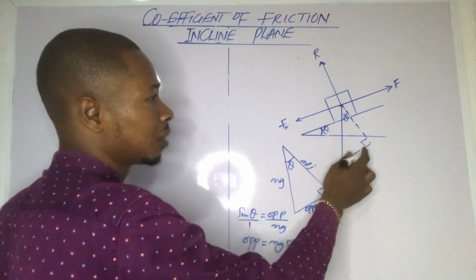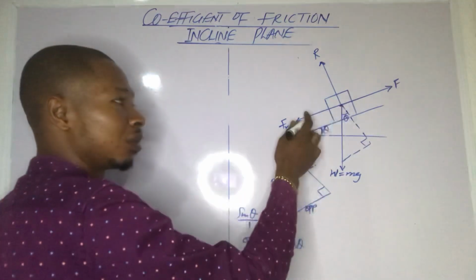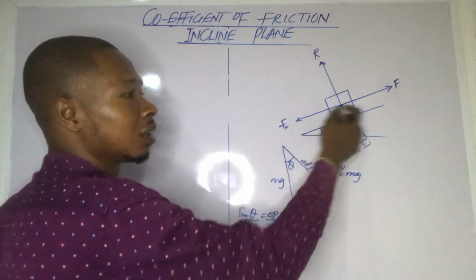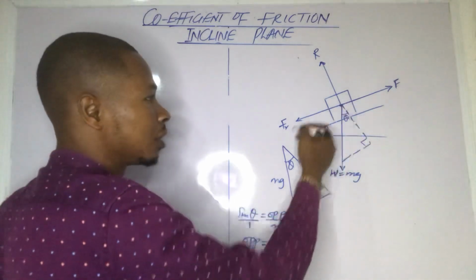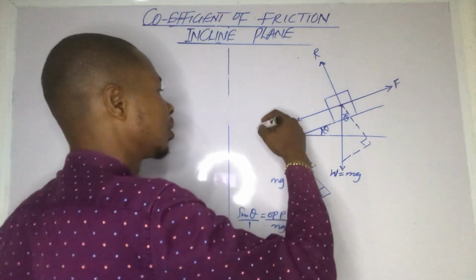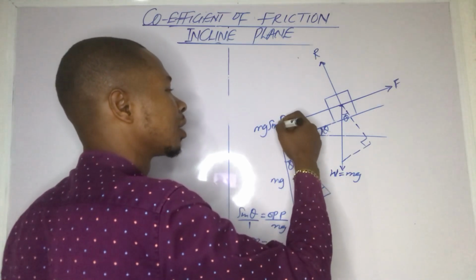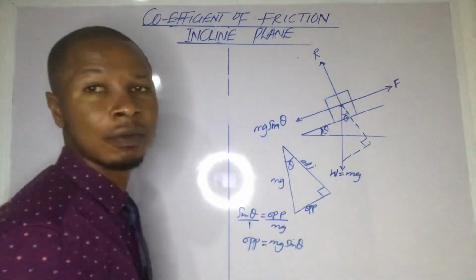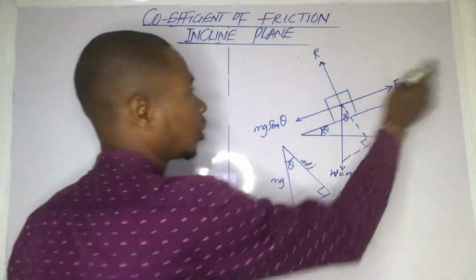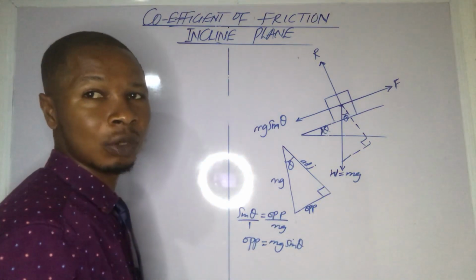This place is mg sine theta, which is also equal to this line. If I complete this rectangle, this place is equal to this place. So the force acting downward like this will be equal to mg sine theta, which will be equal to F, because upward force will be equal to downward force. For every action, there is an equal and opposite reaction.